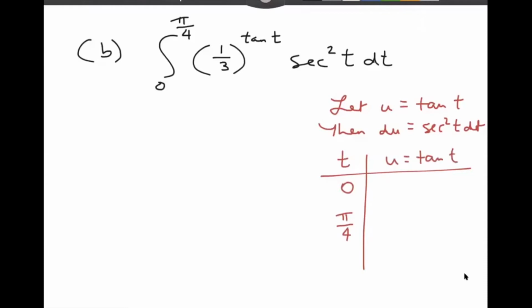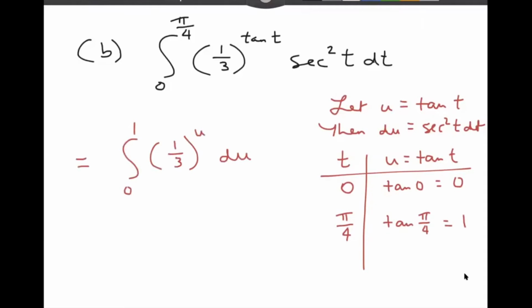So the lower limit is going to be tangent 0, which is 0. And the upper limit is going to be tangent pi over 4, which is 1. So the new and improved integral is going to go from 0 to 1, and it's going to be 1/3 to the power u du.